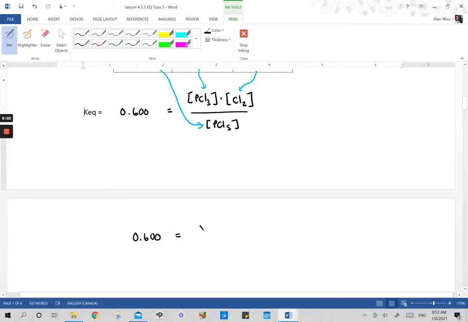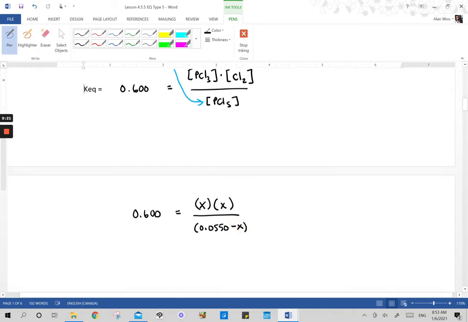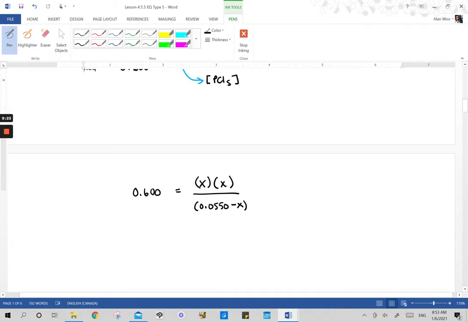So you have X times X over 0.0550 minus X. Now, keep in mind, if we simplify this just a little bit, X times X is X squared.